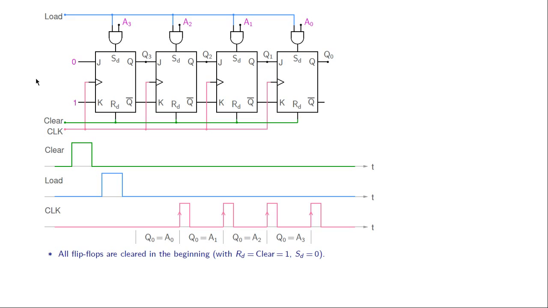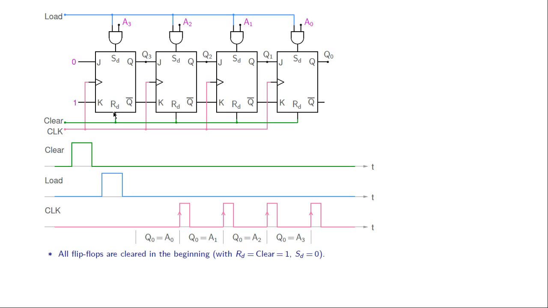Let us look at this circuit and try to figure out what it is doing. We have 4 JK flip-flops and they're all positive edge triggered. Here is the direct set input SD. This is the direct reset input RD.